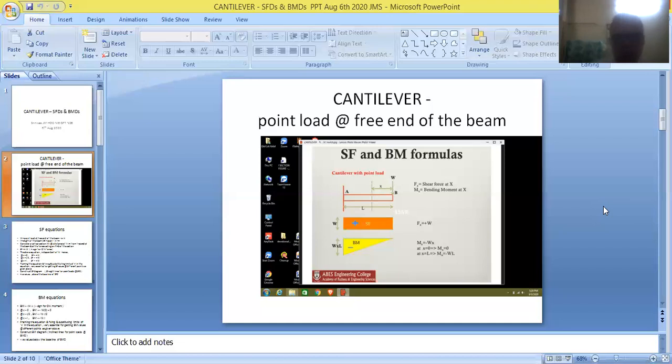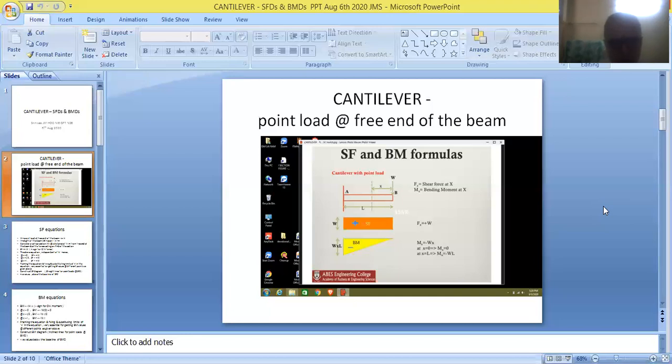This is the distance between the two ends of the beam, left end and right end. The distance between the two ends of the beam is called the total length of the beam, or the span of the beam. And capital L or small l is used for representing this parameter.